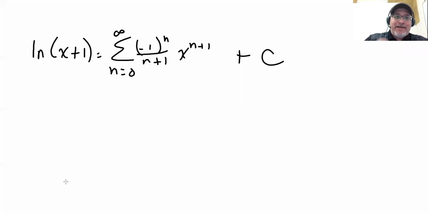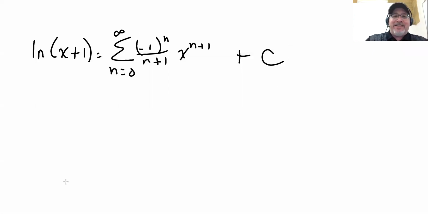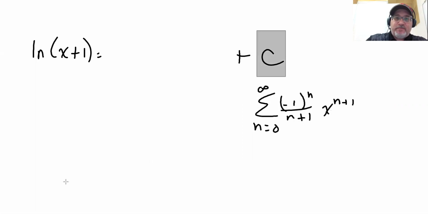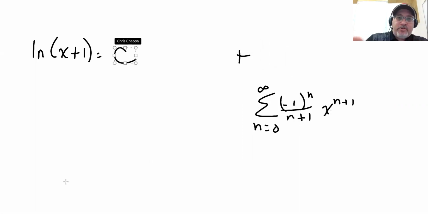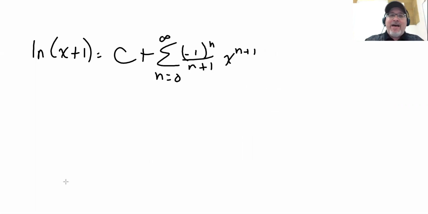In other words, it might get misinterpreted like that when it's not. The plus c is actually outside the sum, and the easiest way to make it outside the sum is to not put it where the sum is. So let's just move some things around, and we'll put it at the beginning. It's okay to have it at the end, but it can be a little ambiguous if you're not careful, and I would like for it to not be ambiguous.